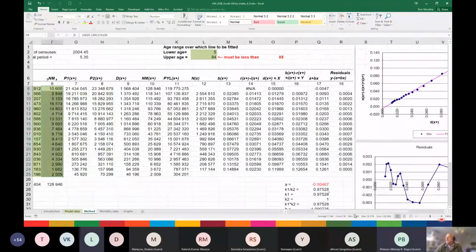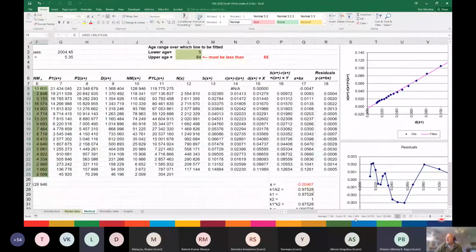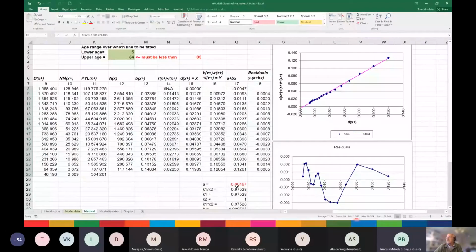The rest of the application of the generalized growth balance method is really fairly mechanical, but what we really want to get here is the cell marked in red, which is the intercept of the line fitted to our estimates of the deaths from our data and our implied deaths from the synthetic cohorts. And the intercept of that line, you can see it's just below 0 there, is a measure of the relative completeness of the two censuses, the 2001 census relative to the 2007 community survey.